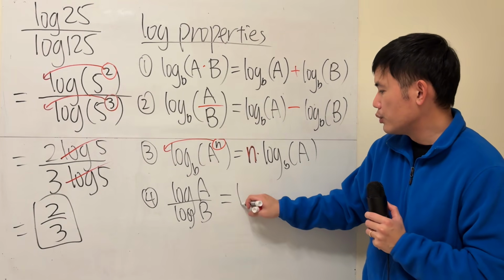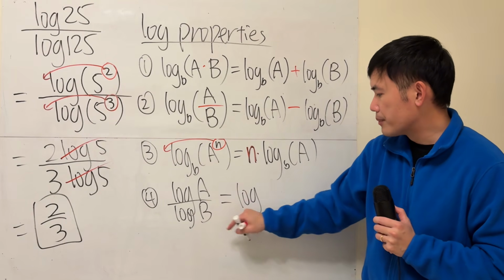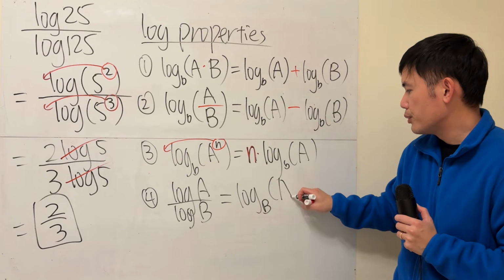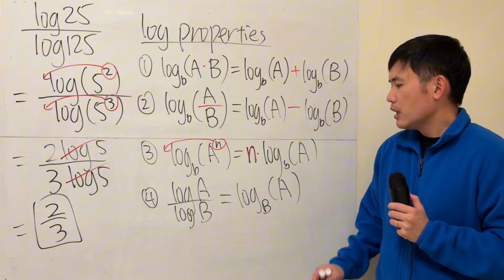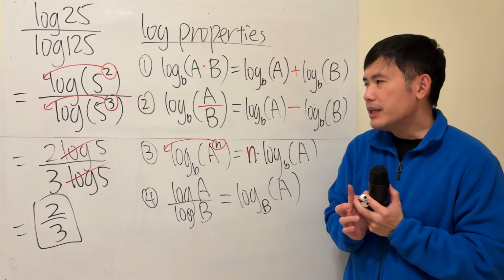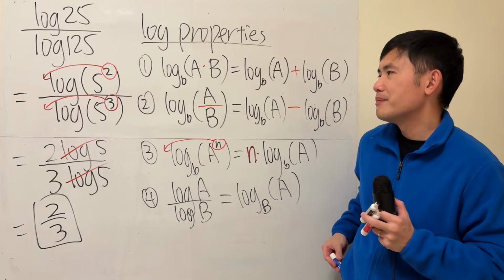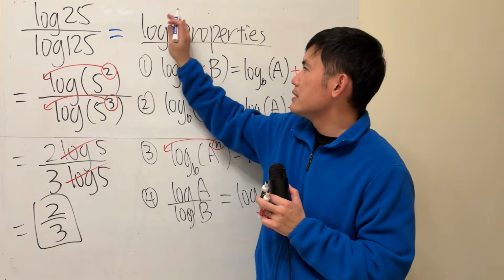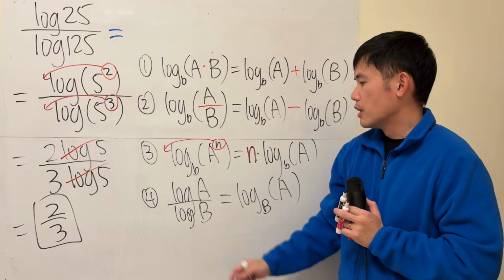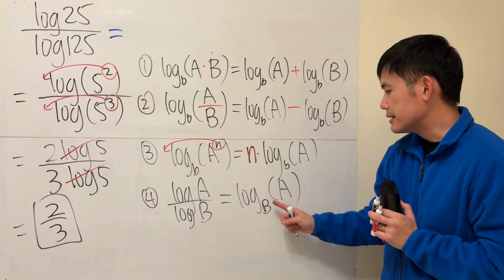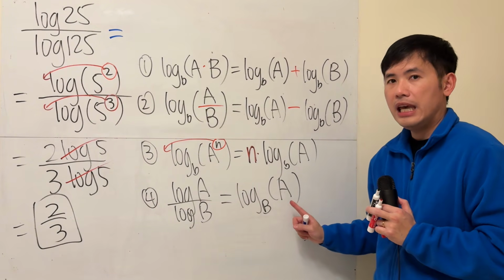What you do is you have log with this number being the base b, and then this right here being the input A. So if you are going to simplify this right here, you can do the following. All right, this right here becomes, have a look again. When we have log A over log B, this gives us log base B of A.